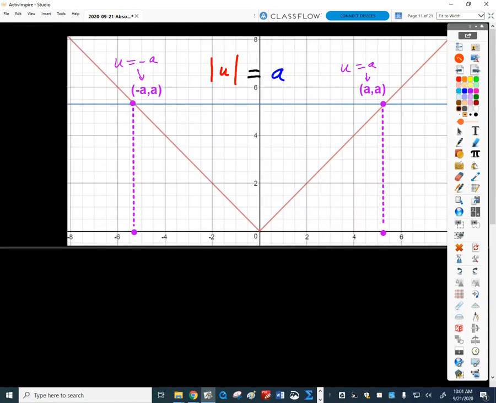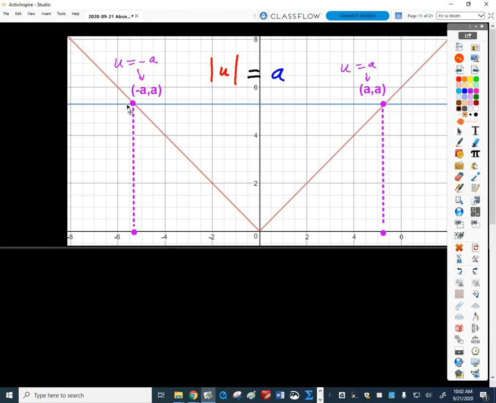So what does this tell us then? Let's look at this in terms of a graph. We know that if the absolute value of u is equal to a, let's graph the absolute value of u. It's just going to be a V-shaped graph, as we talked about last Thursday, right? And if this graph is equal to a, it's like saying the output of this function, the y value, equals a.